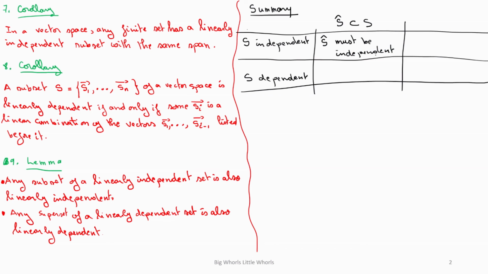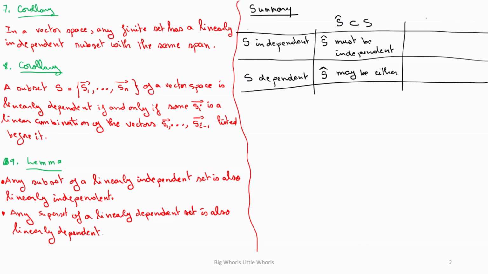But when S is already dependent, if we take a subset of S, the subset can be either independent or dependent. So it may be either. Okay.